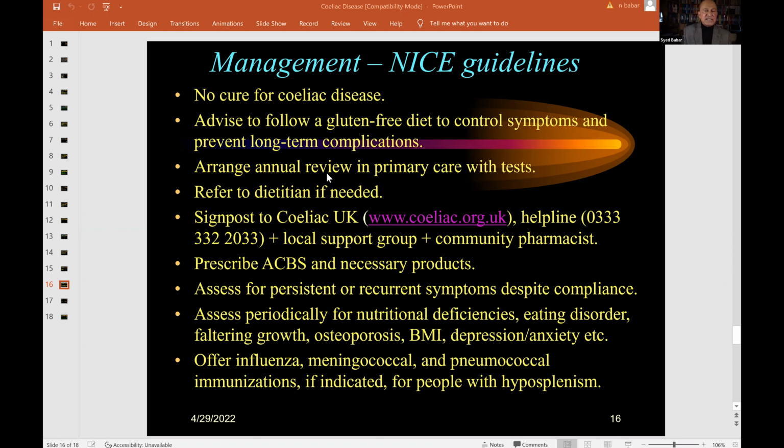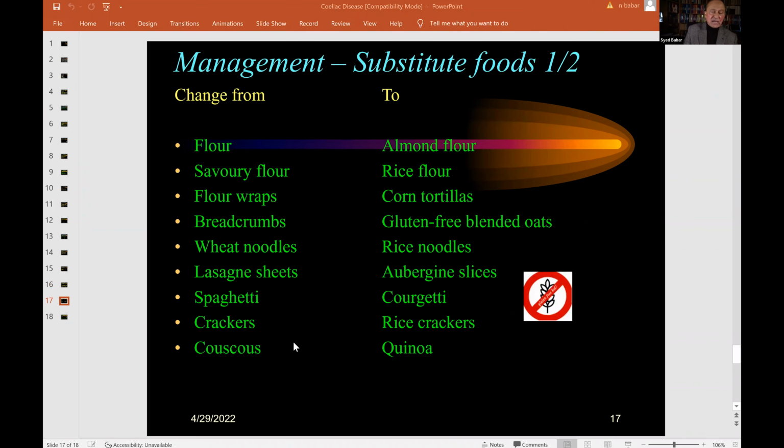Annual review with tests are needed, referral to dietitian, signposting to Coeliac UK, and if need be, prescribing what one can based on ACBS approval, checking out for nutritional deficiencies, and offering additional protection with seasonal immunizations, and changing of eating pattern from gluten containing to non-gluten containing, and checking for labels for gluten presence.